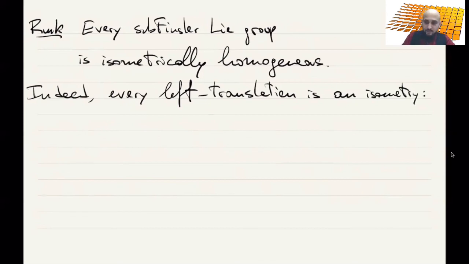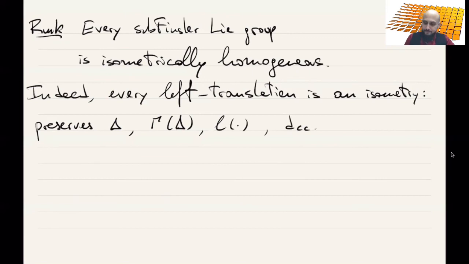And this is clear because each left translation preserves the bundle that is required to be left invariant, and therefore the family of sections of the bundle preserves the length and therefore the distance.